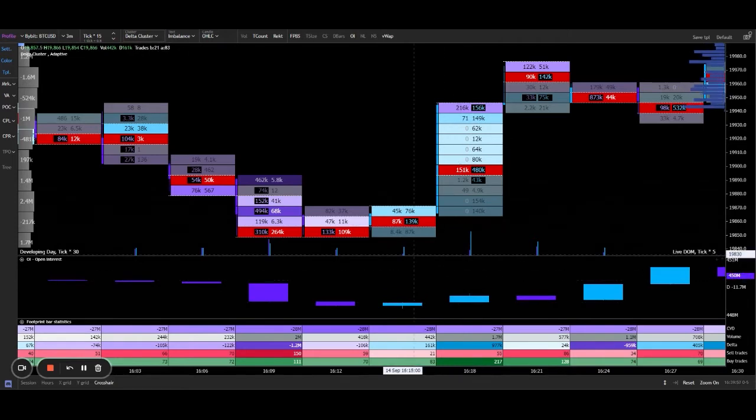The third thing that I really look for is an increase in volume and delta, just following the move. Typically, whenever you see the value area in the upwardmost part of the candle, you want to look at your footprint bar stats down here, and you typically want to see that volume being significant.